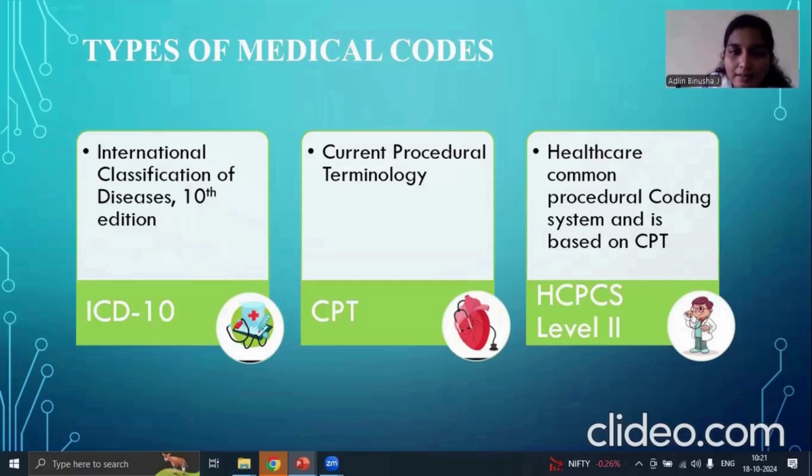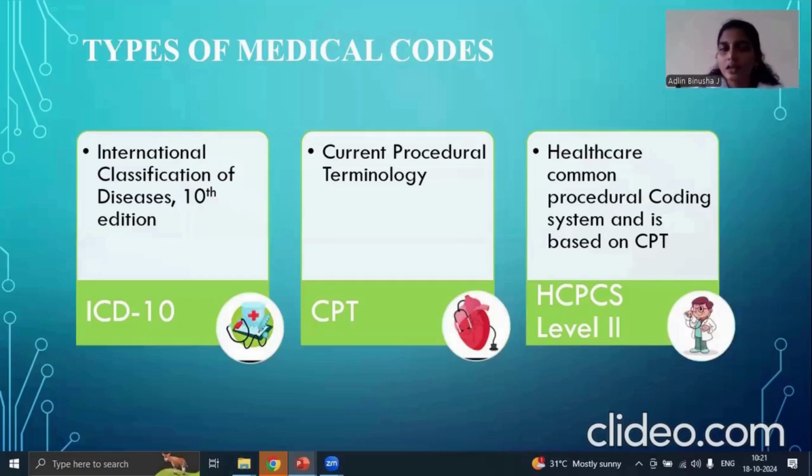ICD-10, the International Classification of Diseases, 10th edition. Then CPT, the Current Procedural Terminology. And HCPCS Level 2, the Healthcare Common Procedure Coding System, which is based on CPT. These are the three types of codes, but as of now, ICD-10 is in progress.